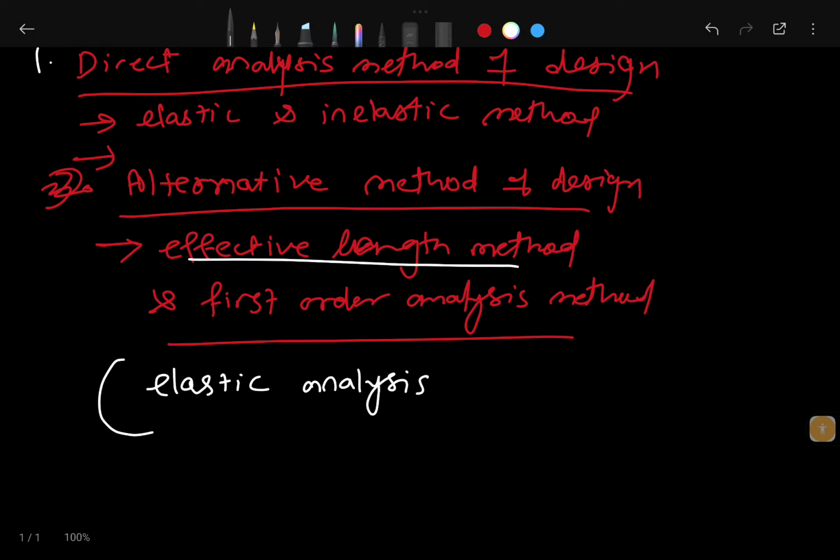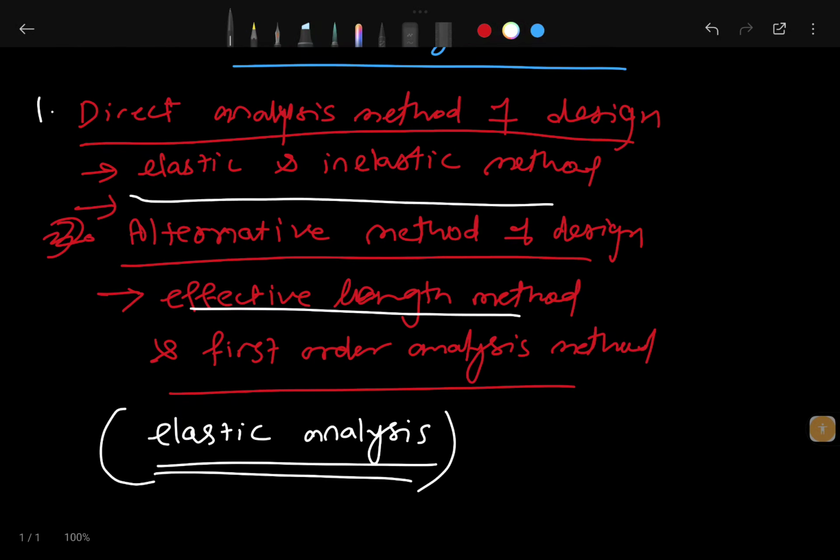So this is the difference between the direct analysis method and the alternative methods. These are permitted as alternatives to the direct analysis method for structures that satisfy the limitations specified in the appendix.